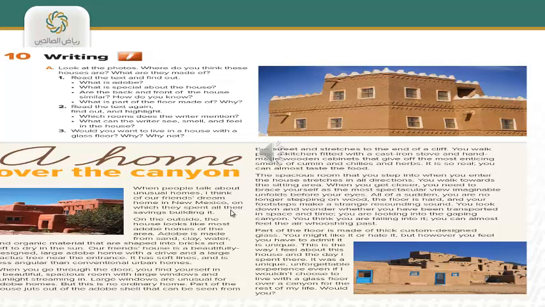Okay, now let us ask you another question here. Which rooms does the writer mention? The writer mentions a room just at the beginning of the house. It's spacious, it's beautiful, it stretches to all directions, it's a big one.